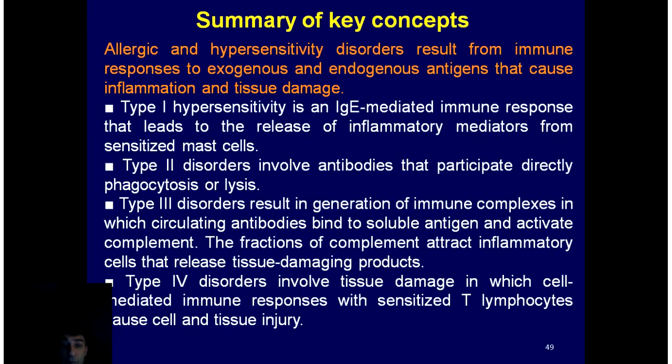So we finished this portion on hypersensitivity reactions. Just to conclude, hypersensitivity reactions include not only classical allergy, which is usually limited to type 1 hypersensitivity, except for some specific cases.